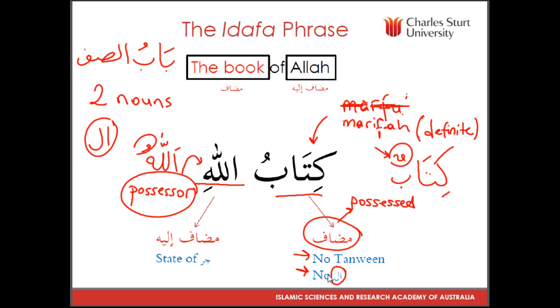By position means it's in front of Allah, the word of Allah. When you say the book of Allah, it is not any book, so that's why it is definite by position. Two things are important for mudaf. First, it has no al in front. Second, it has no tanween at the end. It shouldn't have tanween. Look.